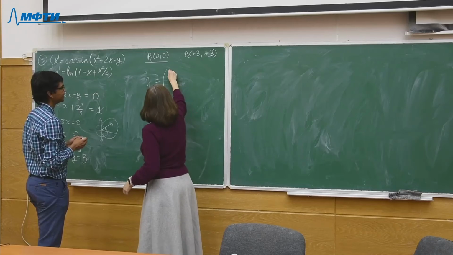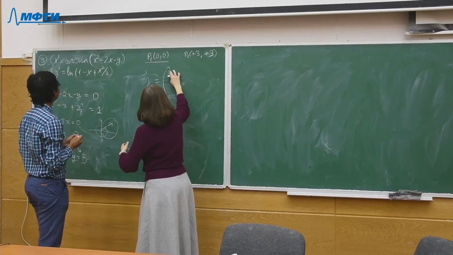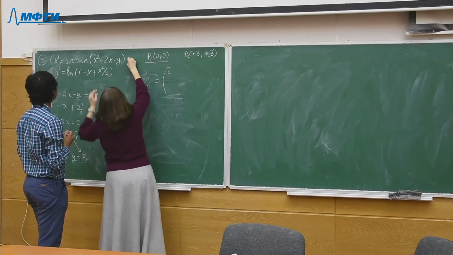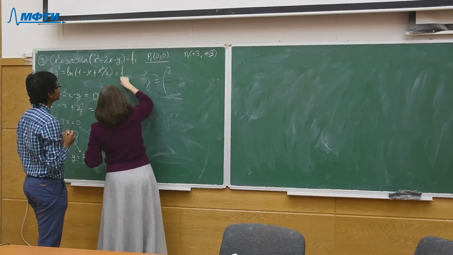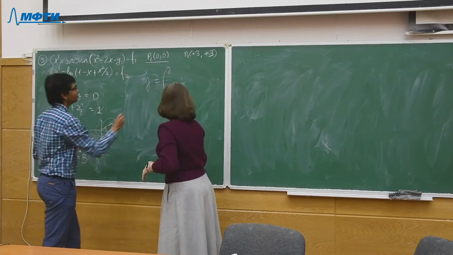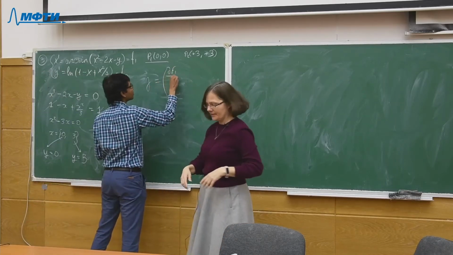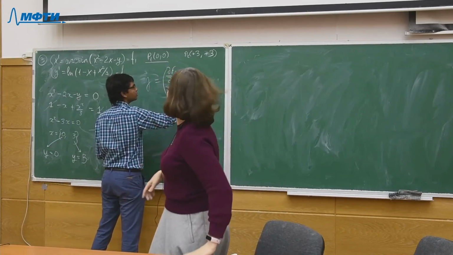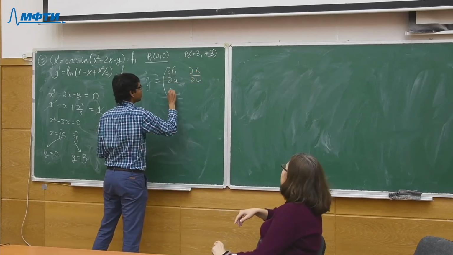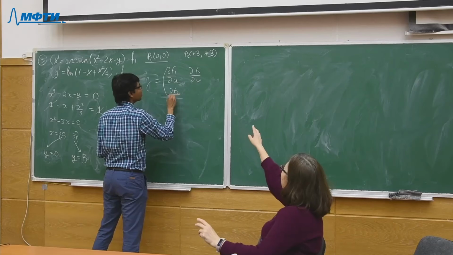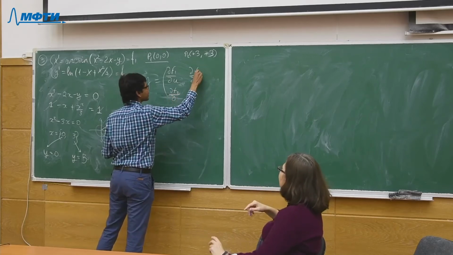Yes. So for example, this is f1. Okay. This is f2. So partial derivatives. df1 over dx, or du, yes, du. dv. df1 must be f1.